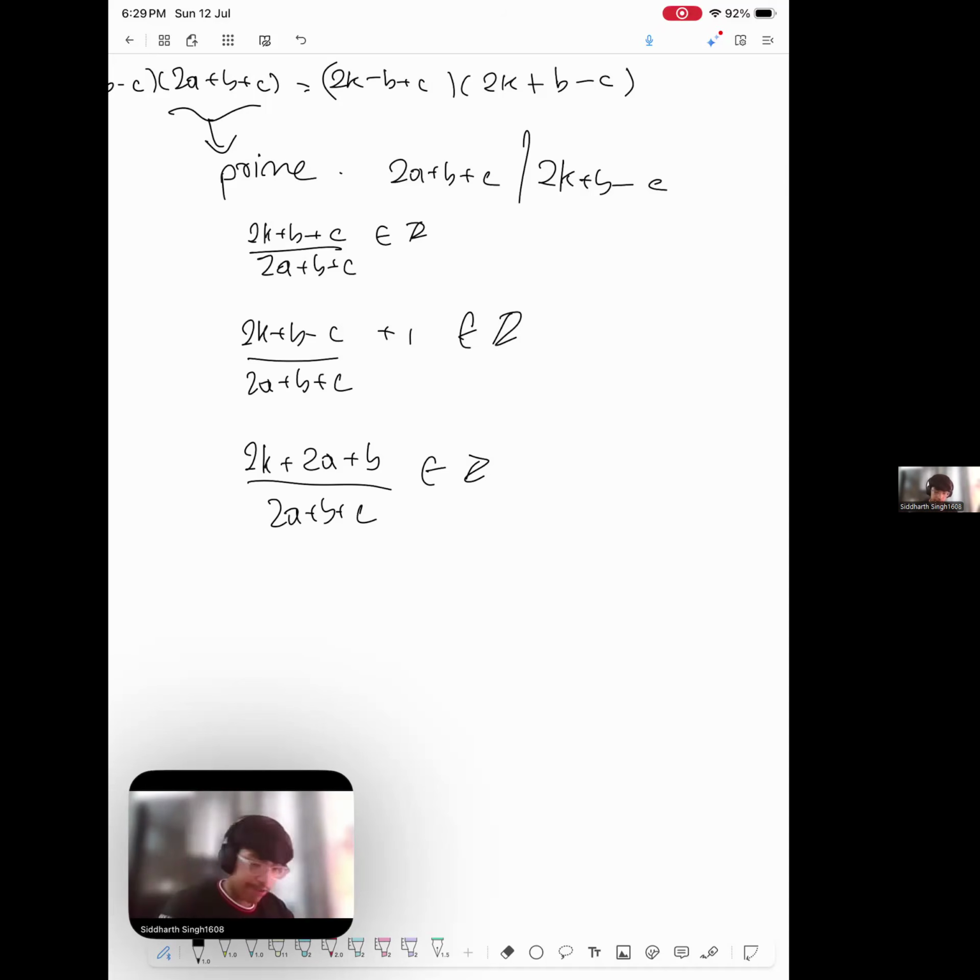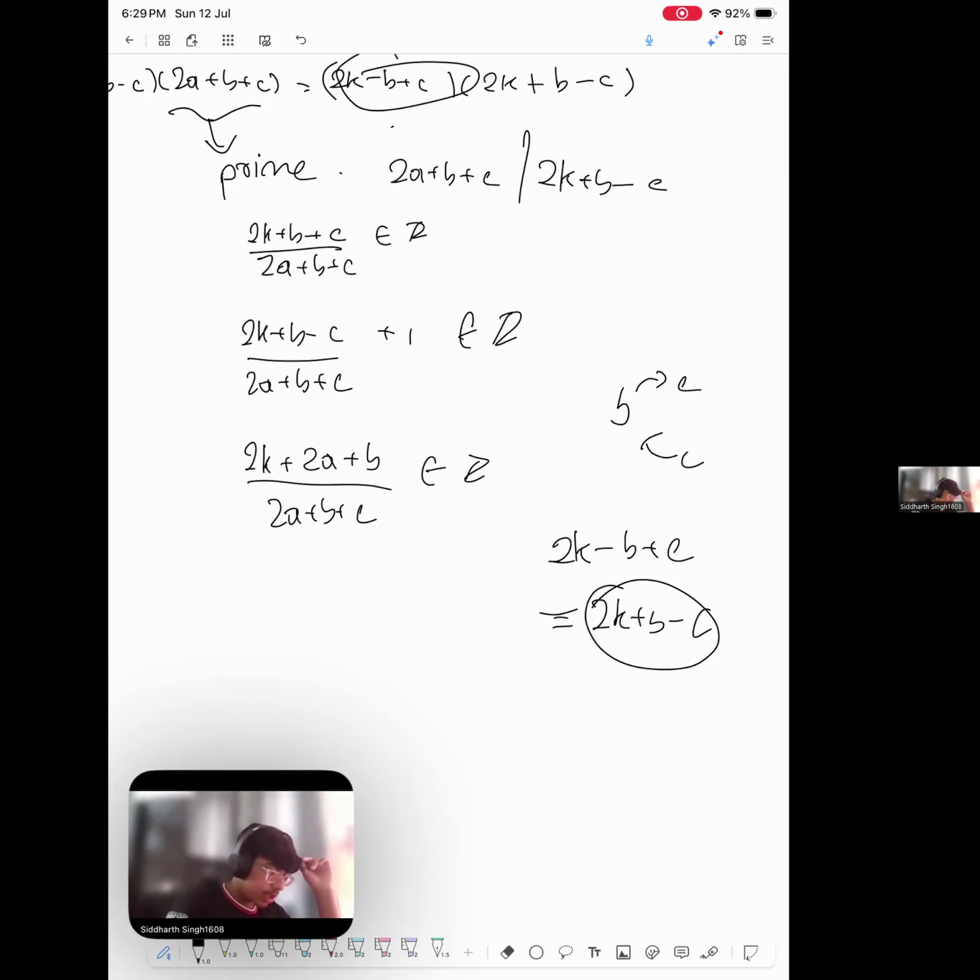We just invent a new alphabet where B stands for C and C stands for B. Then 2k minus b plus c stands for 2k plus b minus c in the new alphabetic system. The point is this expression is symmetric in B and C, so it's fine if we assume any of the factors to be divisible by that.